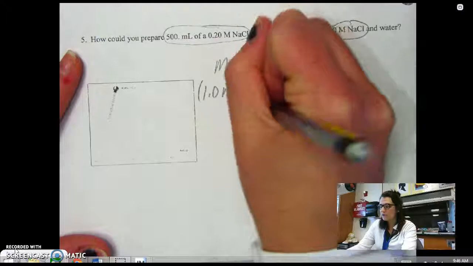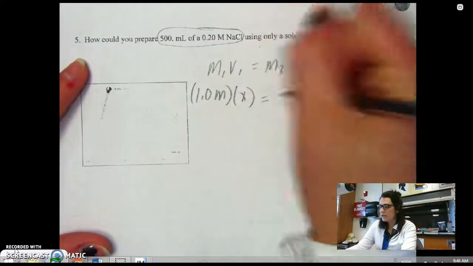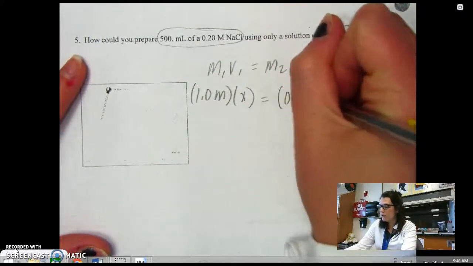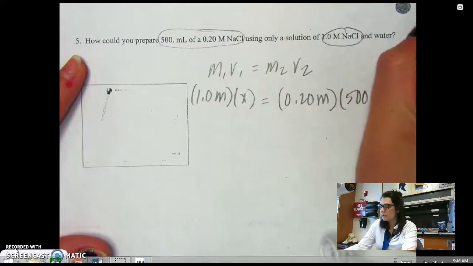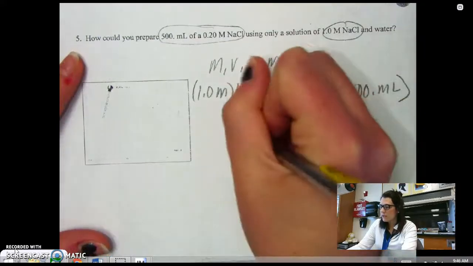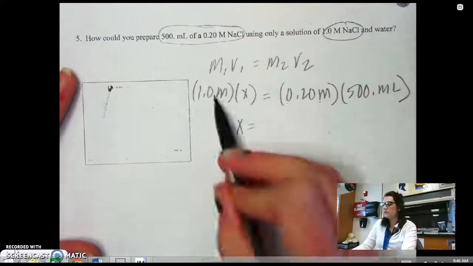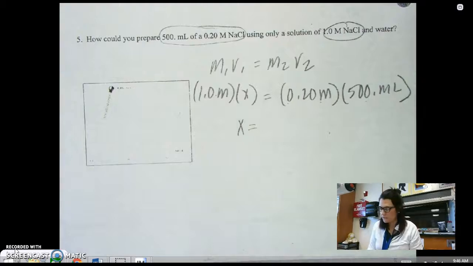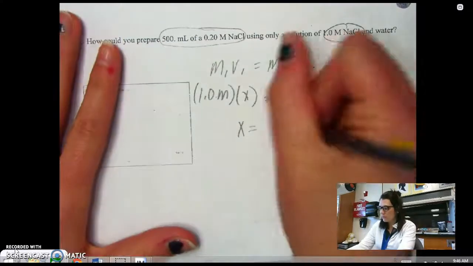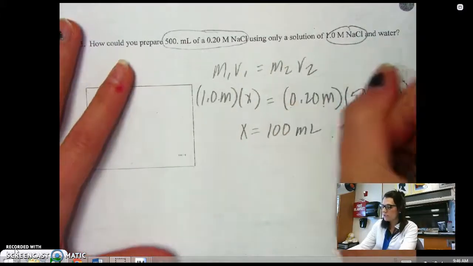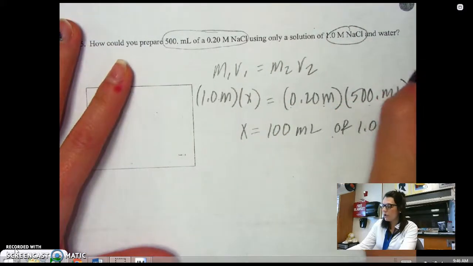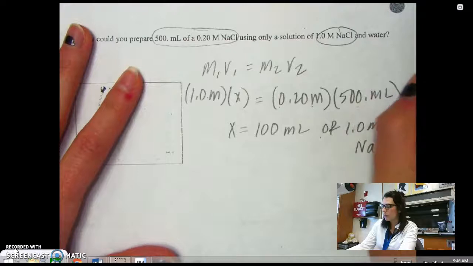Okay, and I'm trying to figure out how much of that I need, and it's equal to 0.20 molar times 500 milliliters. So to get X by itself, I'm going to do this times this divided by 1, which is just going to be its multiplication. So 0.2 times 500. So I'm going to need 100 milliliters of 1.0 molar sodium chloride.